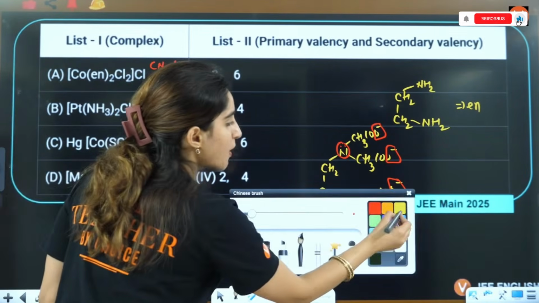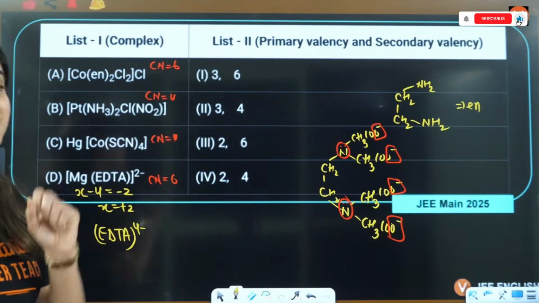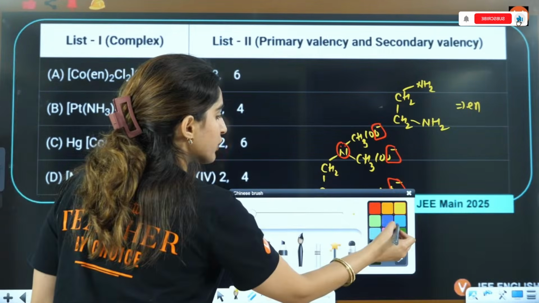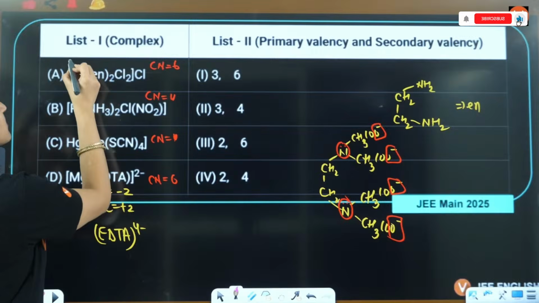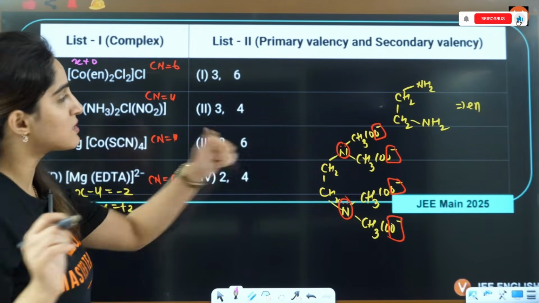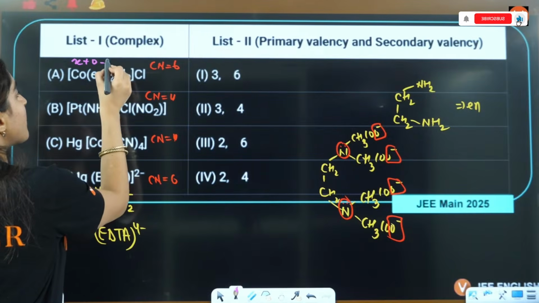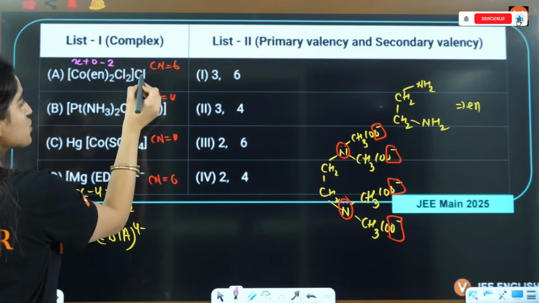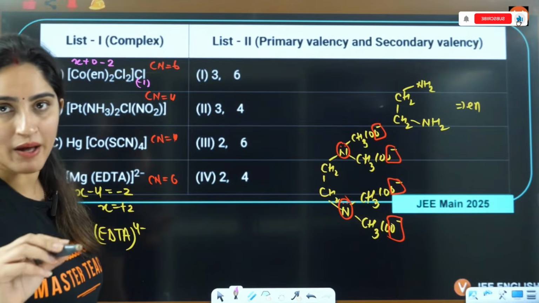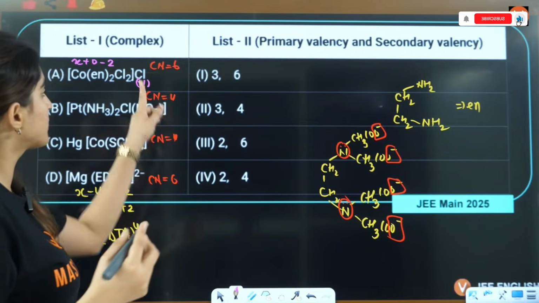Now let's talk about the oxidation number. If you write the oxidation number, this is X plus 0. Ethylene diamine is a neutral ligand, as you can see, that is 0. Chlorine is -1, so 2 chlorine means -2. Here you have -1. Chloride is a -1 counter ion, so it is -1.